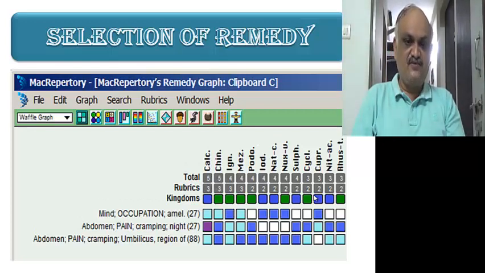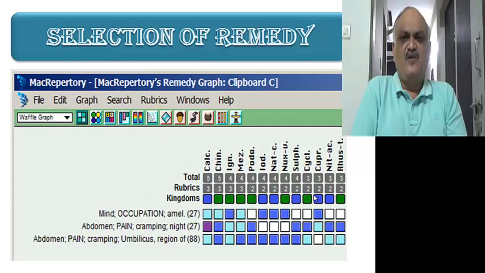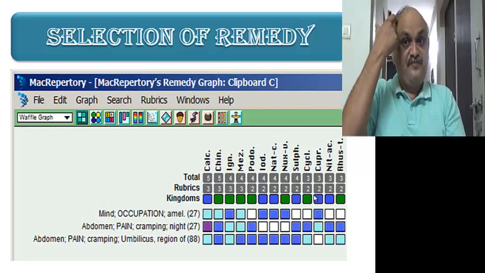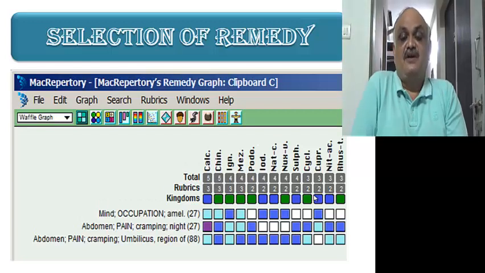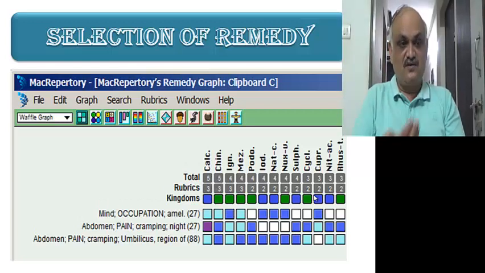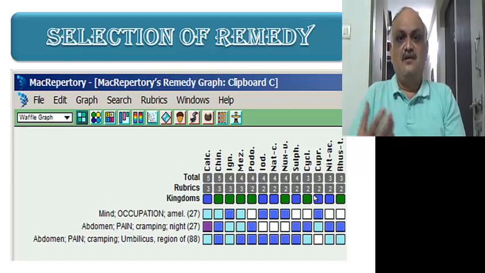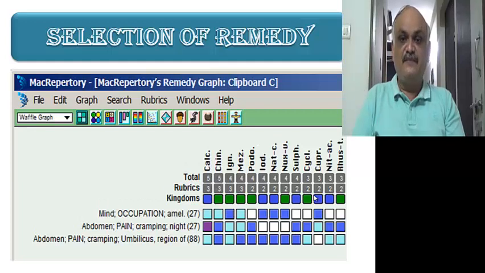So here I give you one small example of a case where a patient has a cramping kind of abdominal pain, especially in the umbilical region, especially at night. When inquired, he says, when I have a pain, I start TV or play a game on mobile, and I divert my mind and I forget my pain, or maybe this is the way I can tolerate my pain.